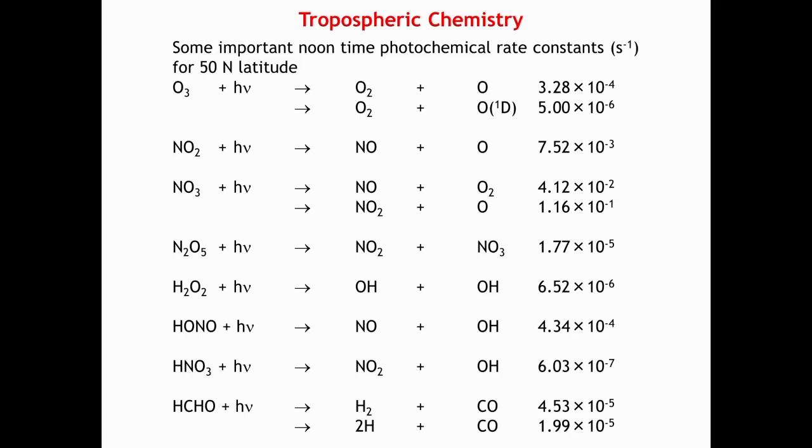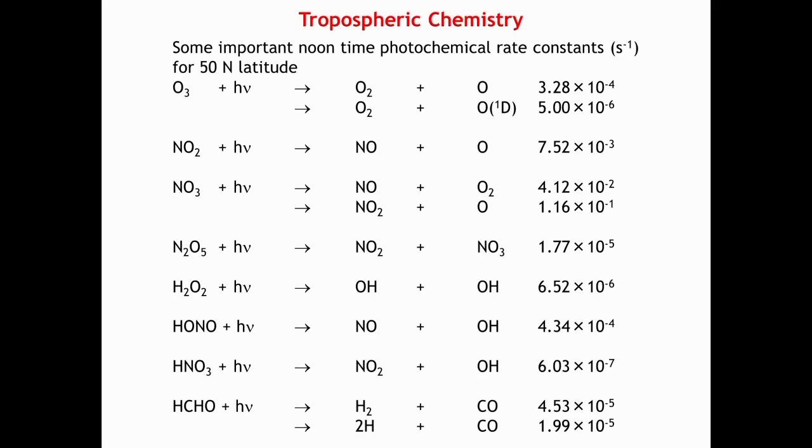If you look here, the ozone photolysis lifetime is thousands of seconds, so several hours. So it's got a much longer lifetime with respect to photolysis, which is one of its main loss routes of odd oxygen. And so that can last into the night time.